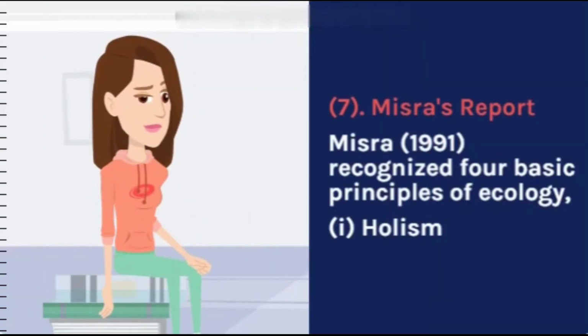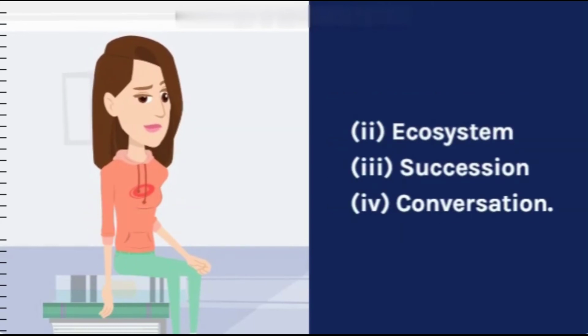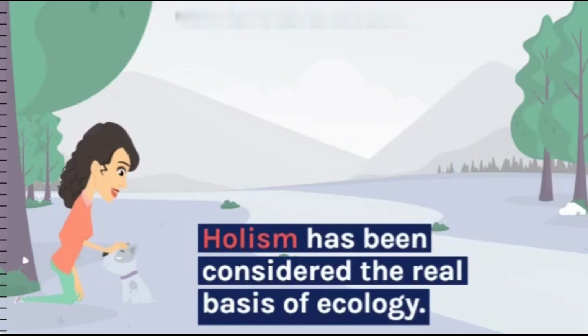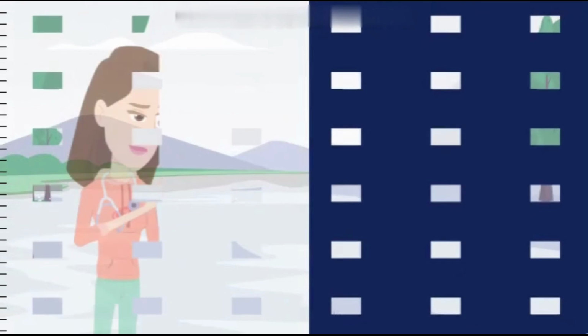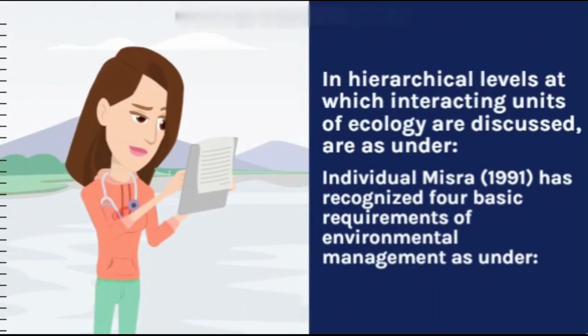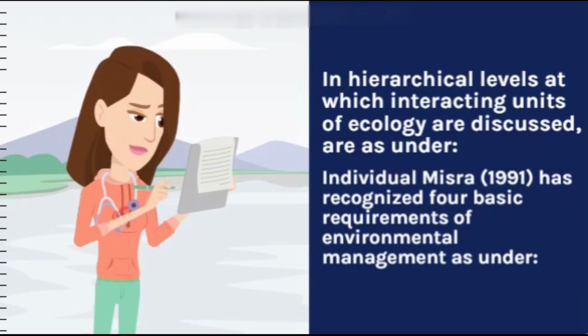7. Misra's report. Misra, 1991, recognized 4 basic principles of ecology. 1. Holism. 2. Ecosystem. 3. Succession. 4. Conservation. Holism has been considered the real basis of ecology. The hierarchical levels at which interacting units of ecology are discussed are as under.